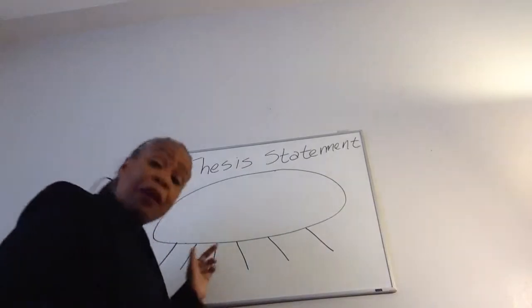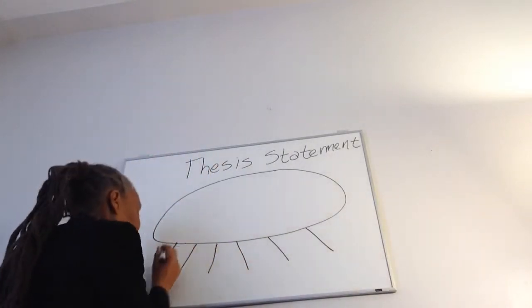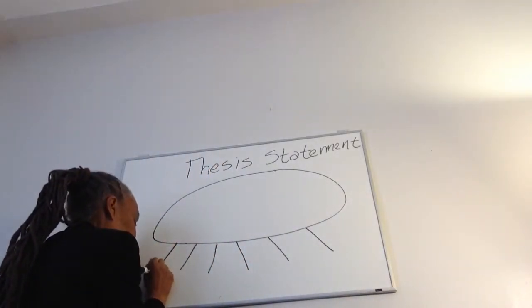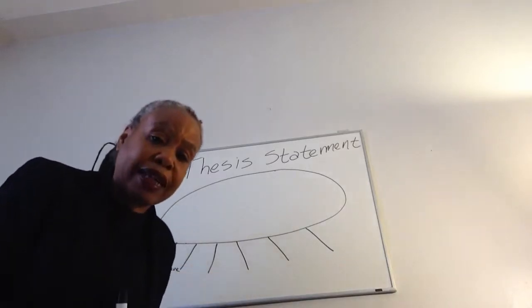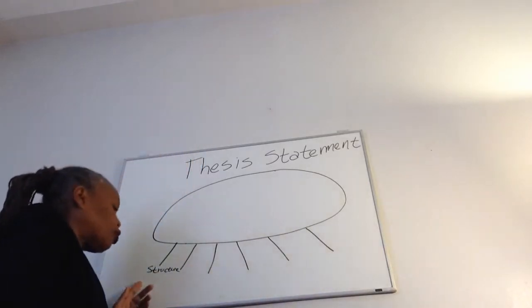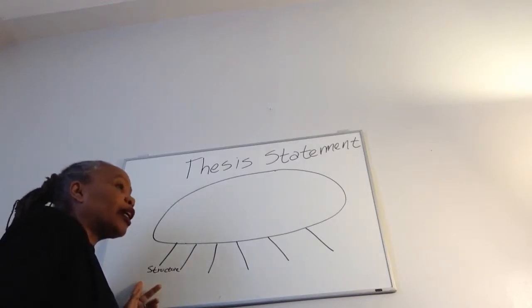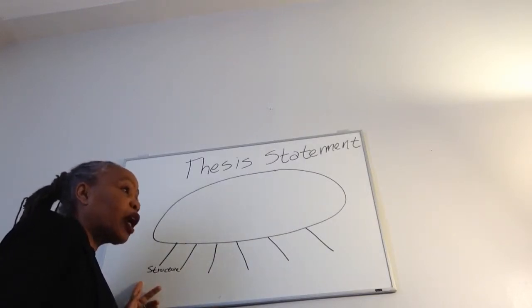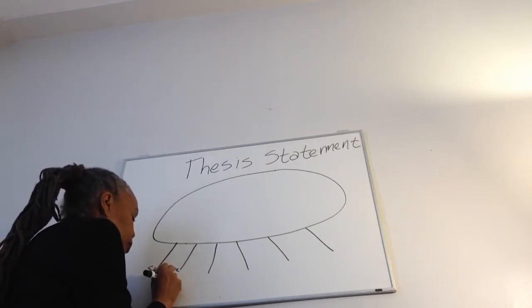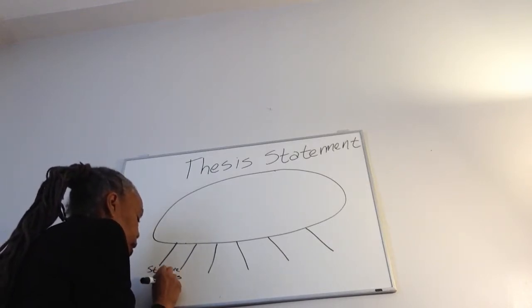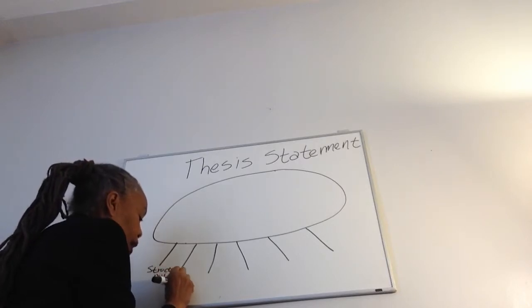So if you remember, the first leg is structure. How do you structure a 5-paragraph essay, correct? So that's structure. And when you're talking about structure, you're talking about a couple of things. Number 1, obviously you're talking about the thesis statement, which is a statement of opinion, not a fact.